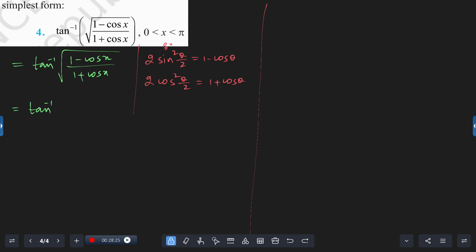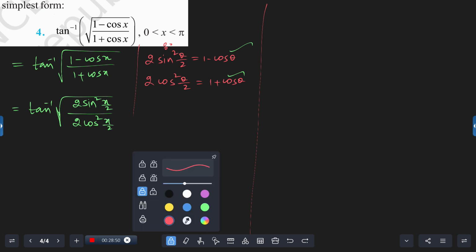So tan inverse of the square root of 1 minus cos, in the sense of the first formula, 2 times sin square, not theta, x divided by 2. I told you that. Be very careful when you apply the formula. The question is given in x, you should use x. The second one, 1 plus cos, that is 2 cos square x divided by 2.